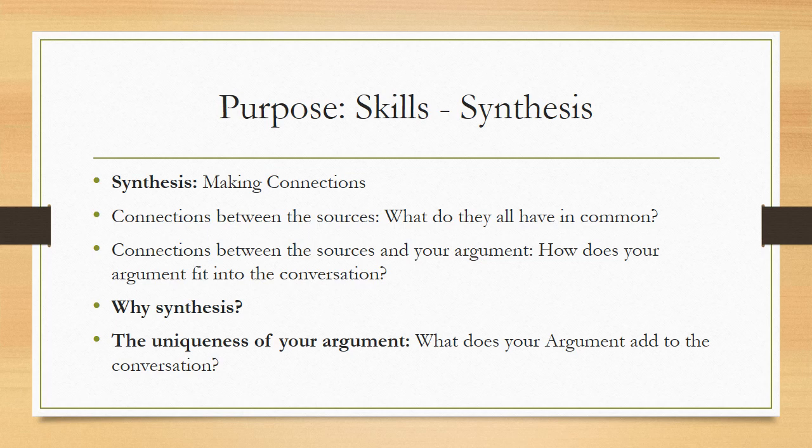So think of it like this. You've got these 3 secondary sources. They're talking about the real world issue. They're talking about the artifact. They're having a conversation with each other. If synthesis is just a fancy way of making connections, you've got to make connections. What is source A saying that is similar to what source B is saying?